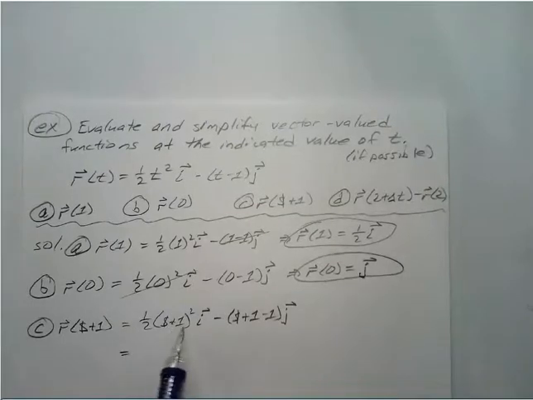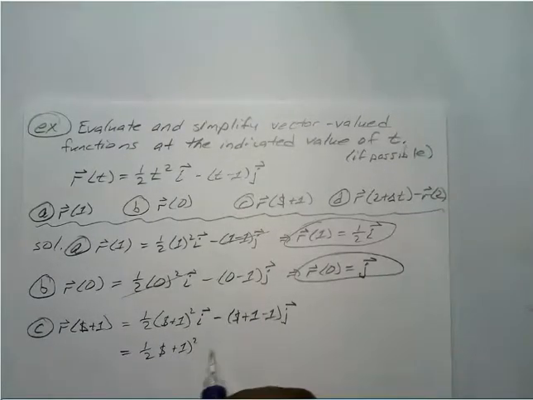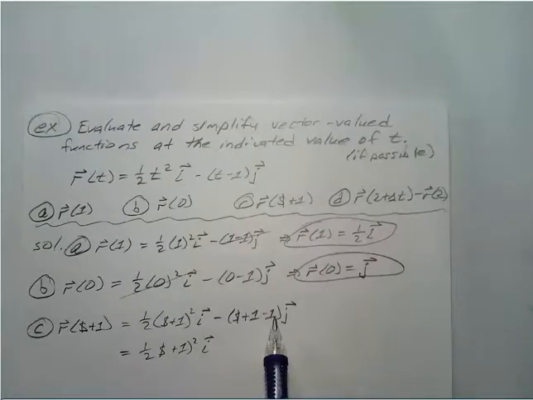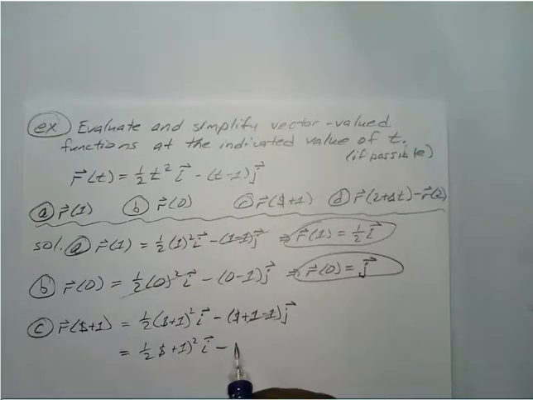You don't have to factor out the s plus 1 squared. You can leave it like that. So we have 1/2 times s plus 1 squared times the i vector. Plus 1 and minus 1 cancel each other out, so that's just minus s times your j vector.